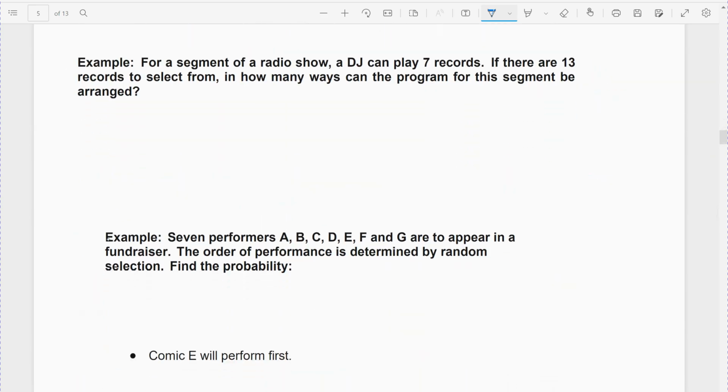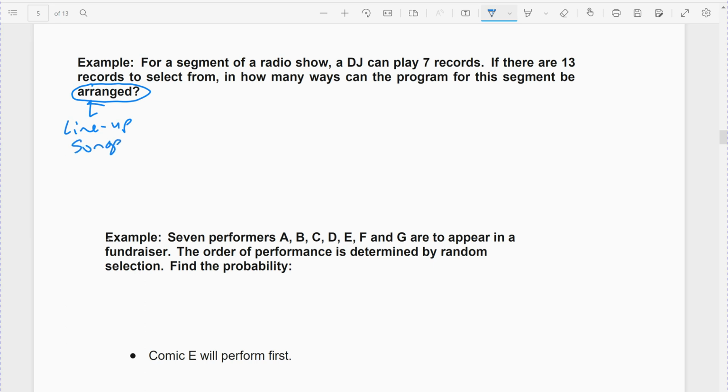Alright, suppose for a radio segment, a DJ can play 7 records, so 7 songs. If there are 13 records, 13 songs to choose from, how many ways can the program for this segment be arranged? So that's the important word, arrange. That means lineup. You're lining up the songs.